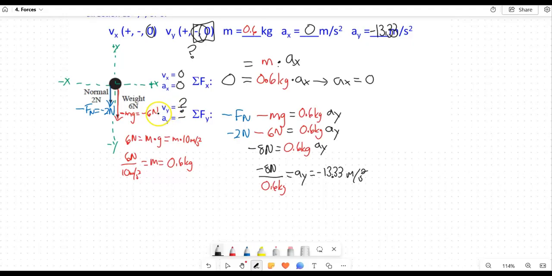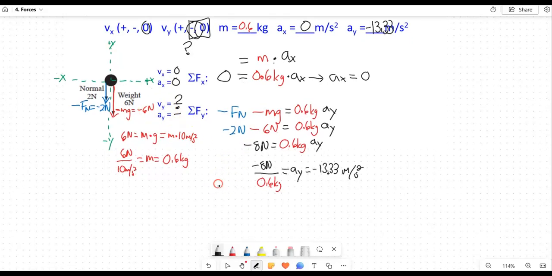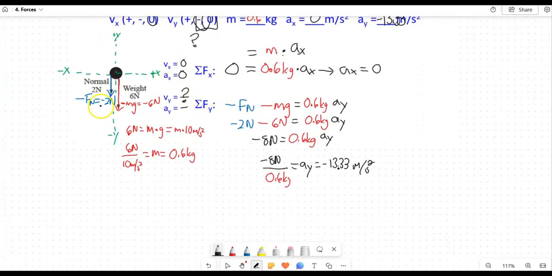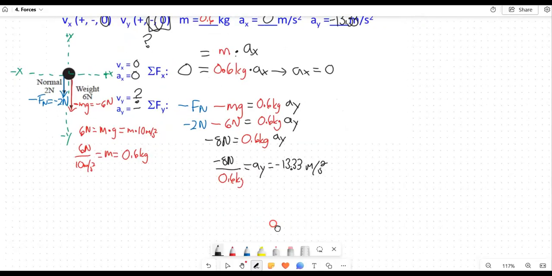So we don't know what the velocity vector in the y direction is. You could actually choose to put a question mark there. You need to know the direction of the kinetic friction vector in order to figure out the direction of the velocity vector. Kinetic friction is always pointed opposite the direction of the velocity. Static friction can be pointed in the same direction as the acceleration vector, and most of the time it is, but not necessarily the velocity vector.